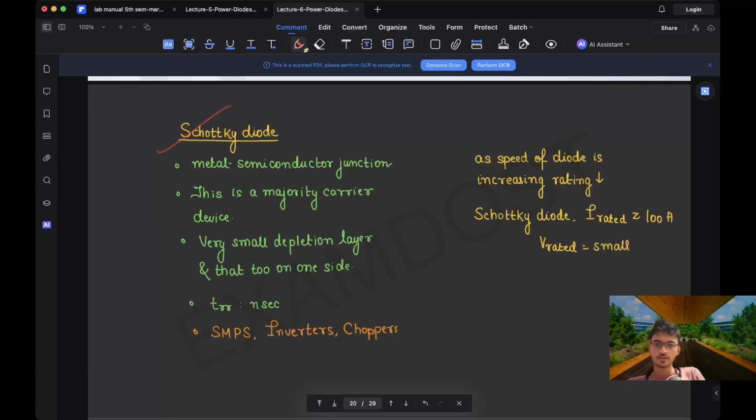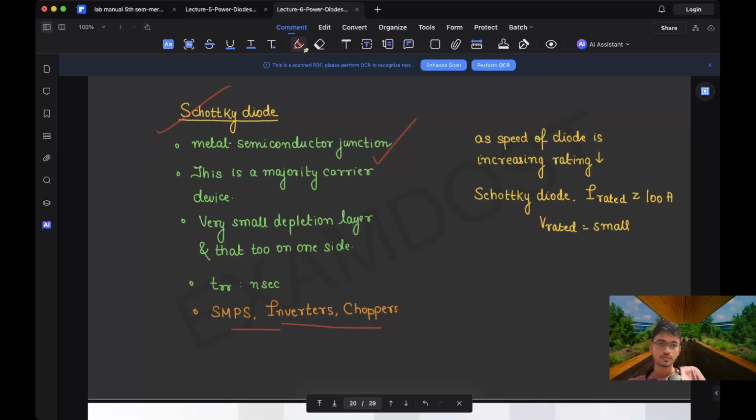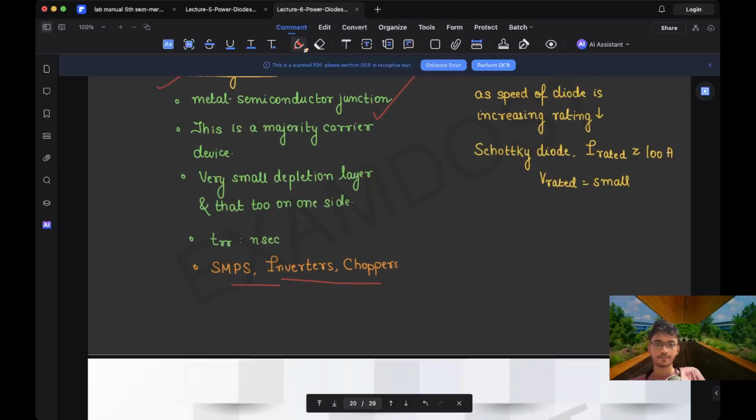Schottky diode, metal semiconductor, majority carrier device. If you want to reduce the time, the current rating should be less.